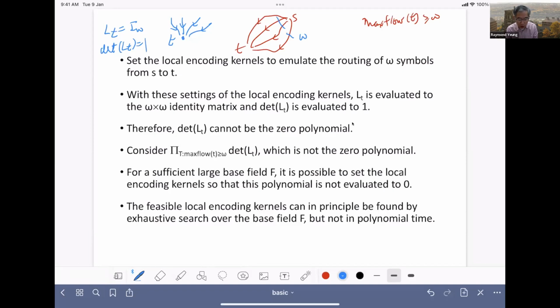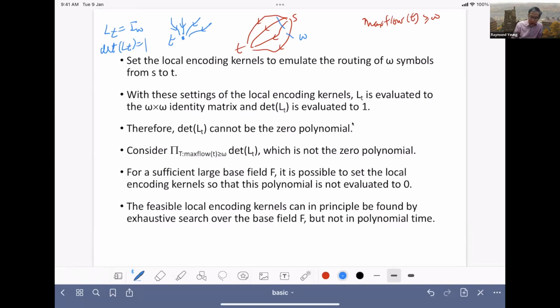If it were the zero polynomial, then no matter how you assign the indeterminates, you could not evaluate the polynomial to 1. So this shows that for any node T such that the max flow is greater than or equal to omega, the associated determinant of that node is not the zero polynomial.